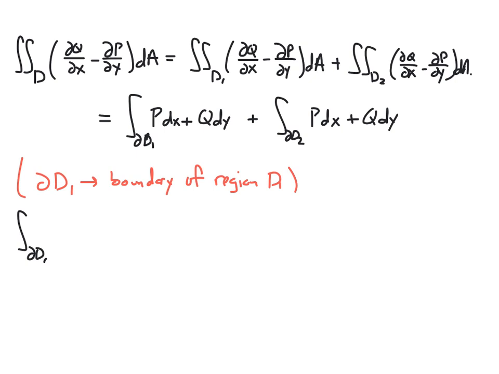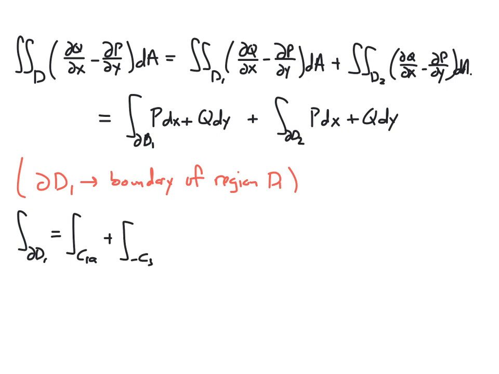If we have a region like this with a piecewise smooth curve, or a bunch of curves put together end to end, we know that the line integral of that is equal to the line integral over each of those boundary curves. So the boundary of D1, if we go around in that picture that I had, we're going to have C1A, that's the first curve. And then we're going to have the line integral over negative C3.